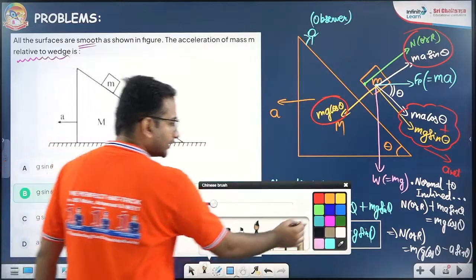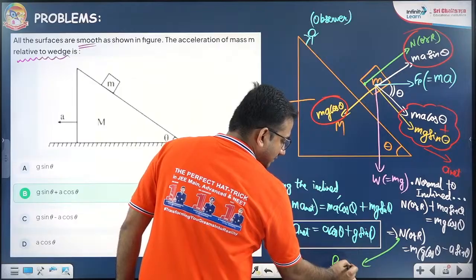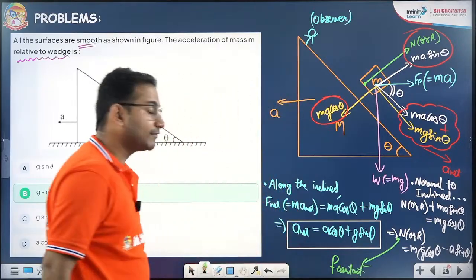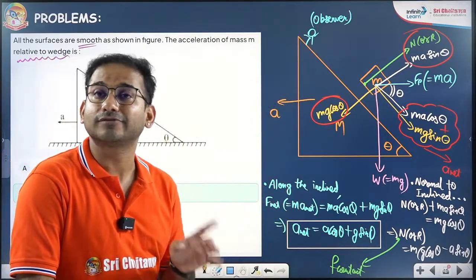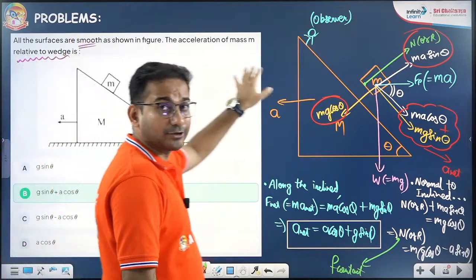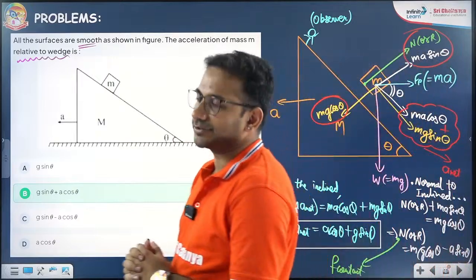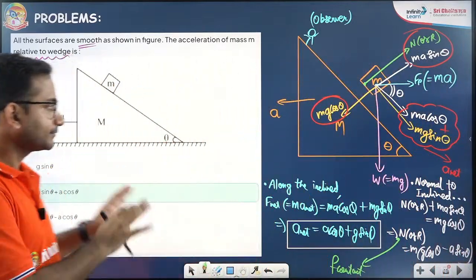That is the only contact force acting. This is equal to F contact. Once again, I am telling you, contact force may have two components. One is the normal reaction, one is the friction. But here, the moment you call it smooth, the friction is going to be zero. The only component of contact force available is the normal reaction. I hope that's cool. That is another model.